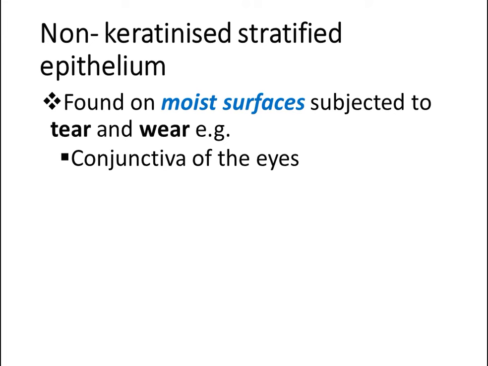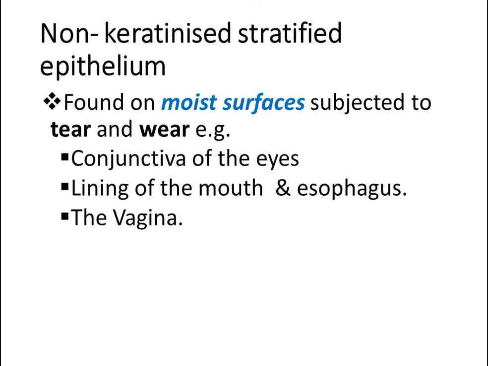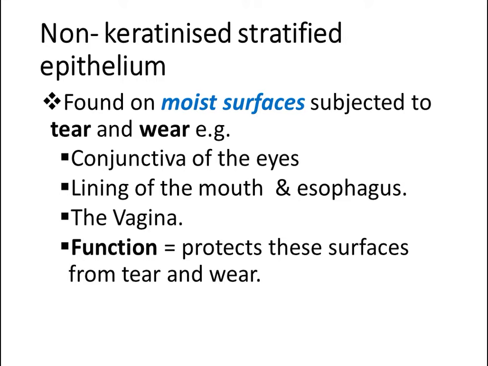It is also found lining the mouth and the esophagus. And you can also find it in the vagina. Okay? Now, the function of this non-keratinized stratified epithelium is to protect the surfaces from tear and wear.